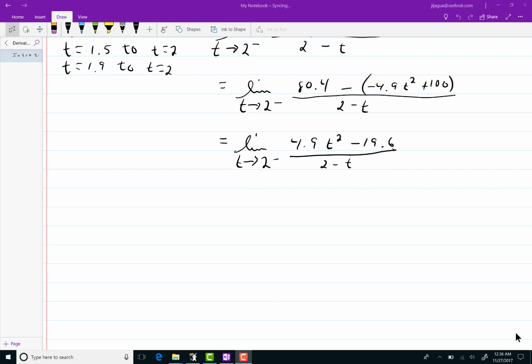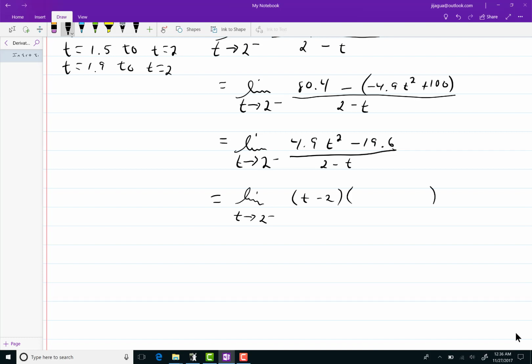Now, since 2 makes the numerator and denominator 0, I know this just by looking at it. I know that t minus 2 has to be a factor of both the numerator and denominator. We can see down there it clearly is. So I know the top must factor as t minus 2 times something.